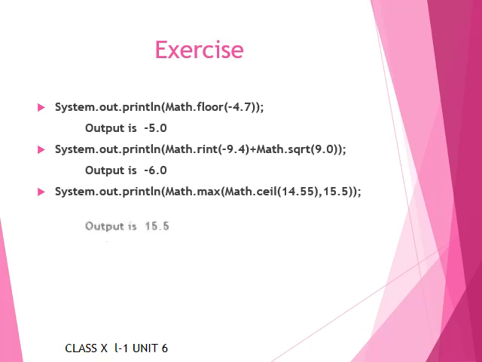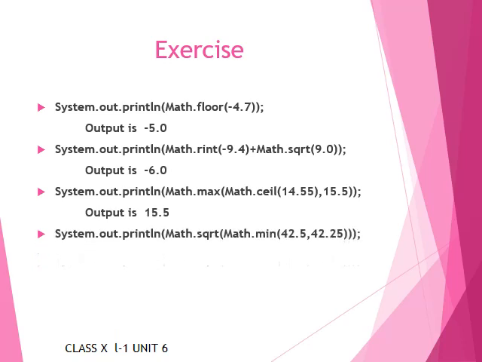Next is System.out.println Math.sqrt, Math.min 42.5 and 42.25. First of all, we will find the minimum value out of 42.5 and 42.25. Definitely the minimum value is 42.25. Then we find the square root of 42.25. Output is 6.5.